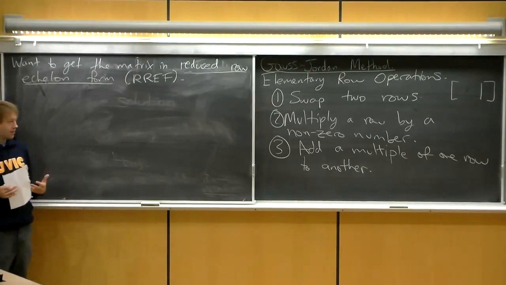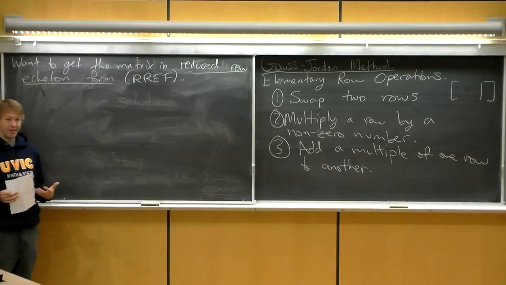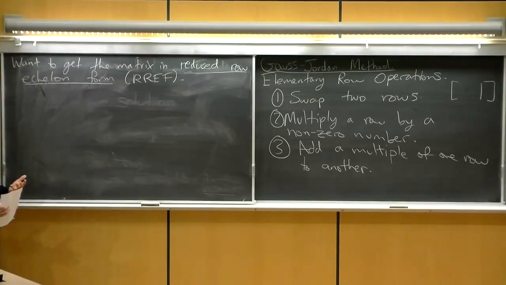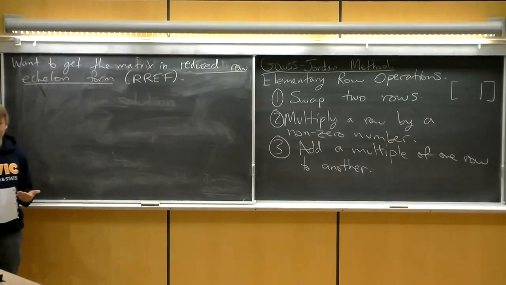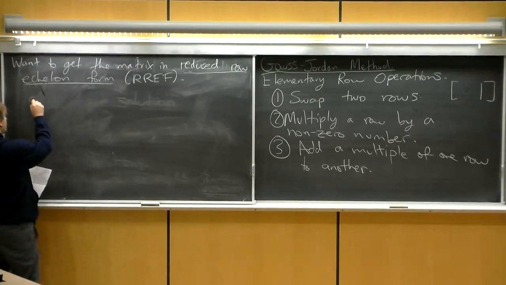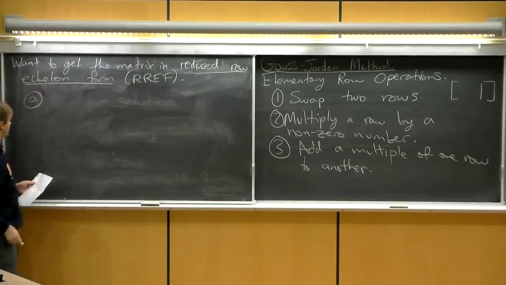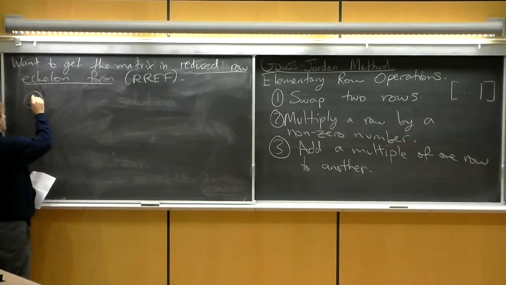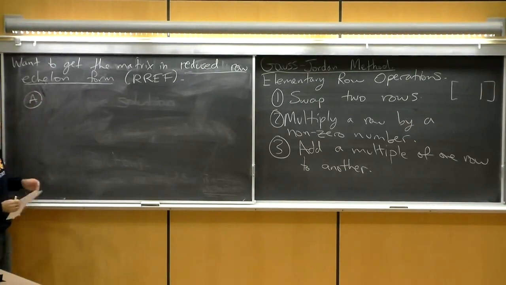They're going to seem a little bit abstract and not really intuitive. But the hope is if we go through a few examples, you'll get an intuition of what reduced row echelon form is. So here are the rules. There's 4 properties.